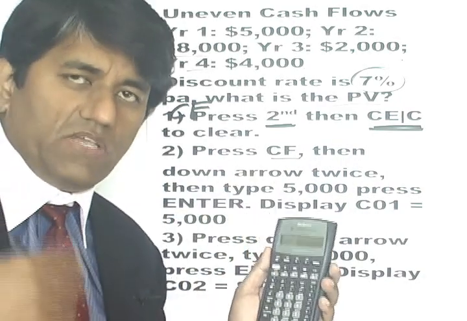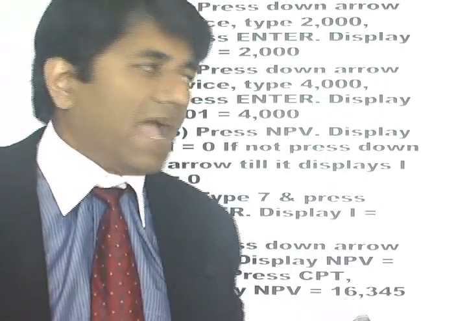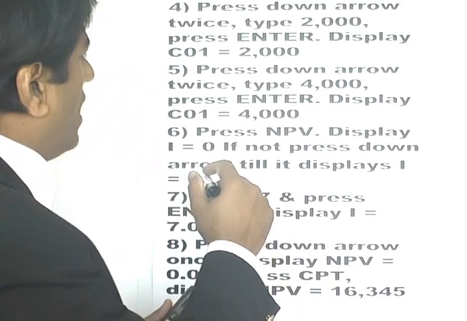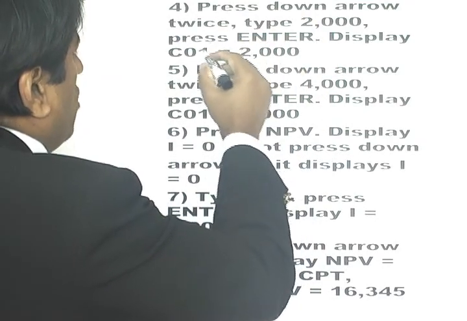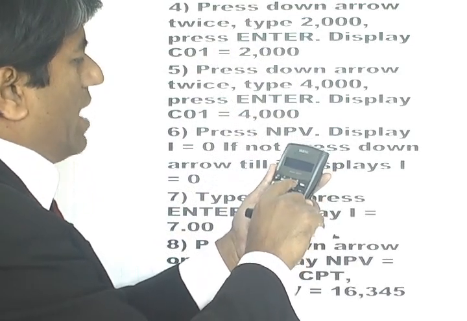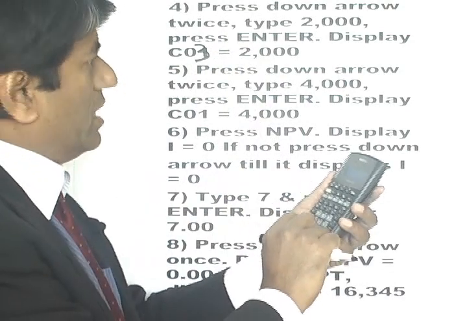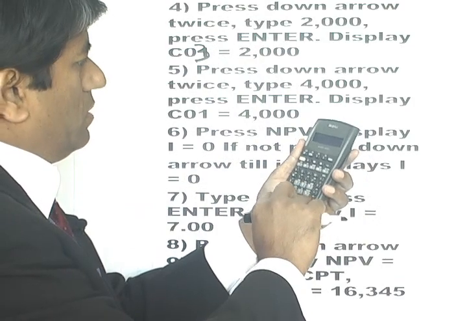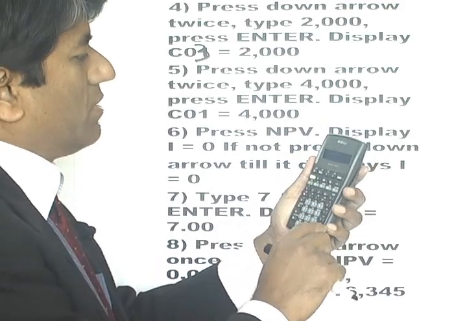Now these numbers are positive, which means that you're receiving this cash. Continuing to enter the cash flows, you next want to enter the cash flow for time 3. You hit the down button twice, enter 2000, and then press the enter button.